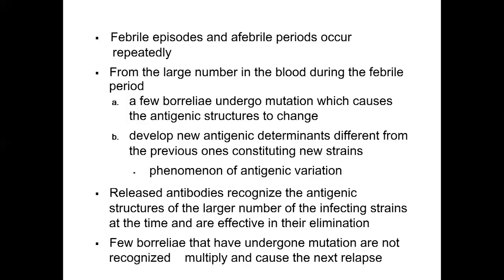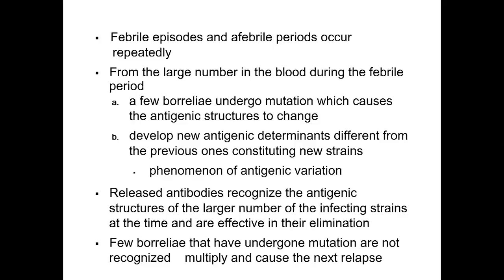So these organisms, the released antibodies, initially when you have a large number, the antigenic component is recognized and specific antibodies formed against them. So when they are released, they look for the antigens that stimulated their formation.